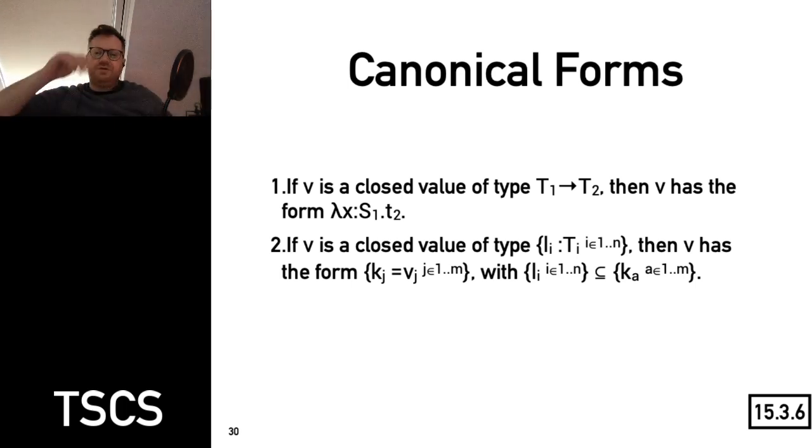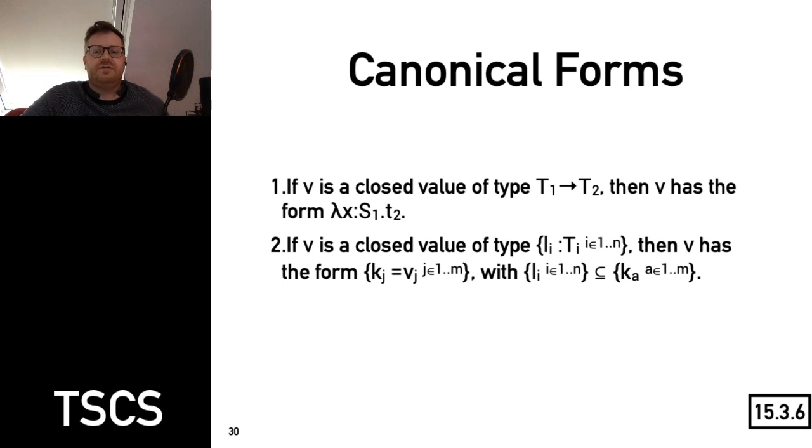And if V is a closed term of that record type, then V has the form of Kj equals Vj, where Li is a subset of Ka, 1 to m. No? This just means that we pushed subtyping now also into the canonical forms lemma.